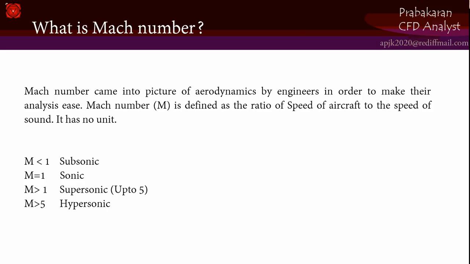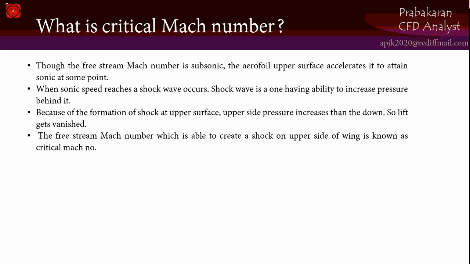Mach number beyond 1 and up to 5 is called supersonic flow, and beyond 5 all Mach numbers are hypersonic. And critical Mach number, I will explain this with notes. Okay.